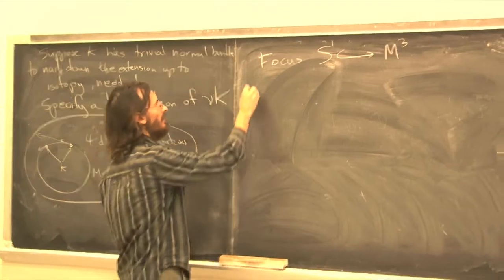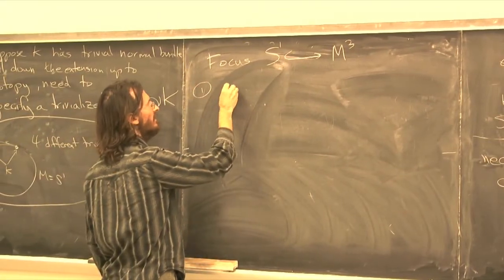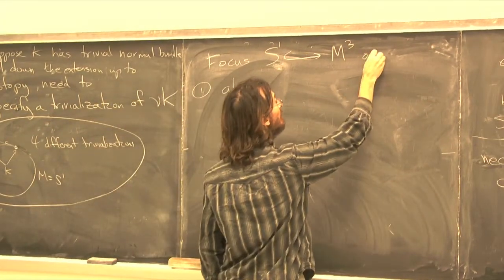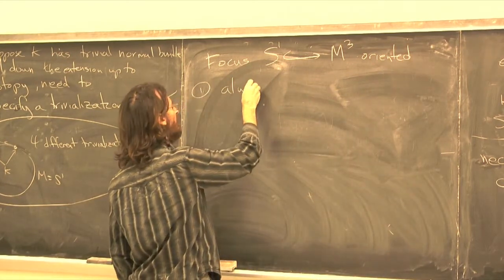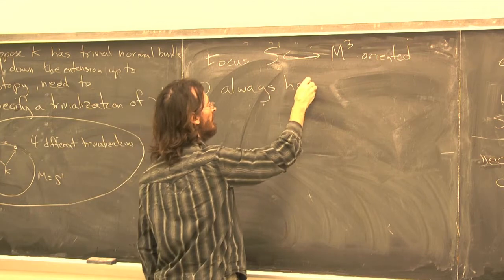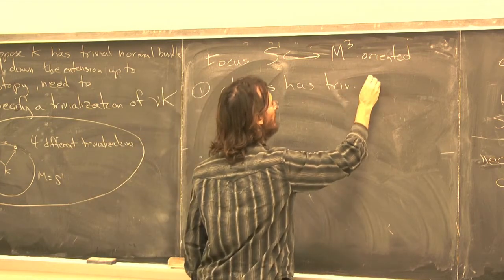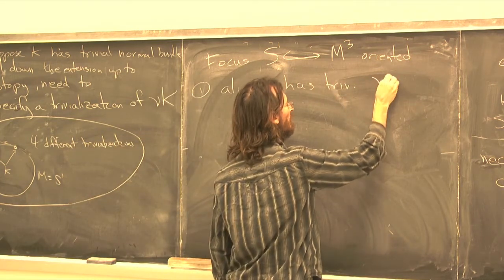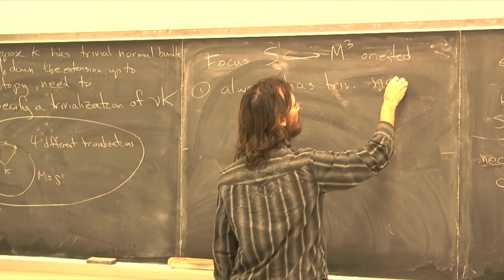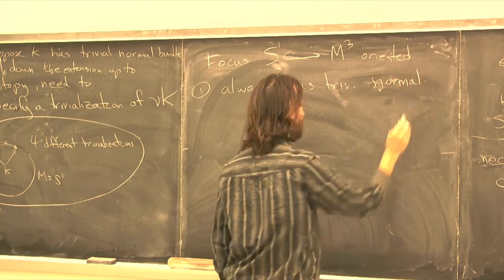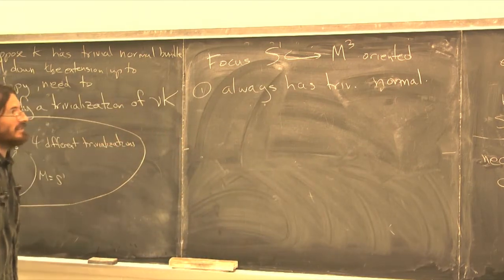And so first of all, observation is that it's always oriented, so it always has a normal bundle. And then what do different trivializations look like?